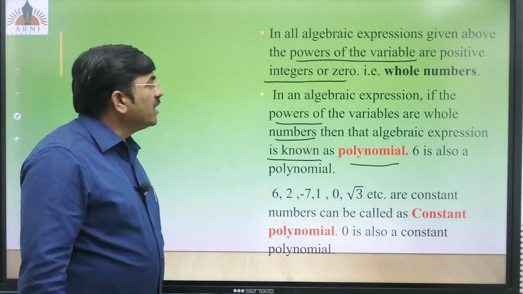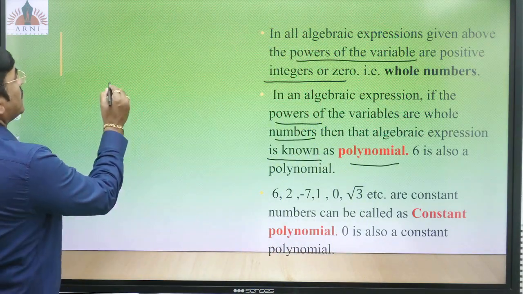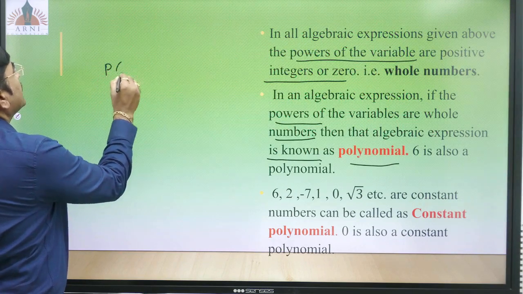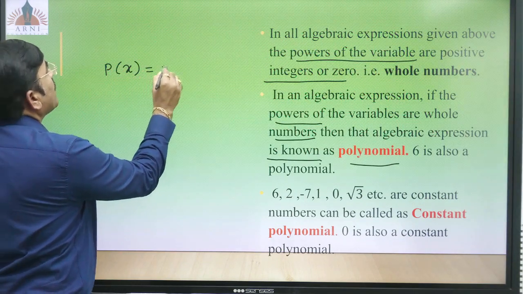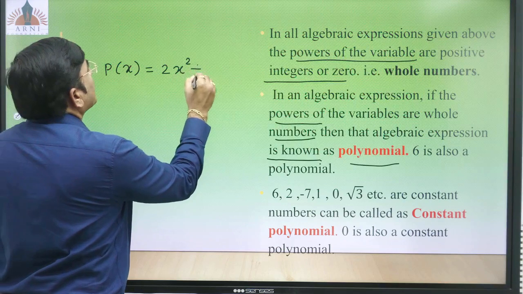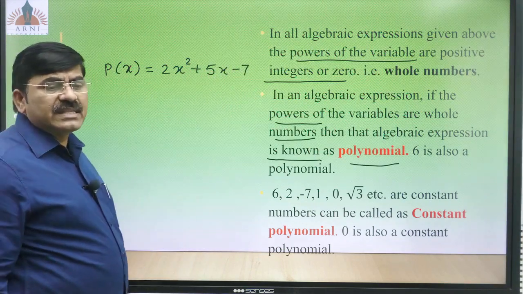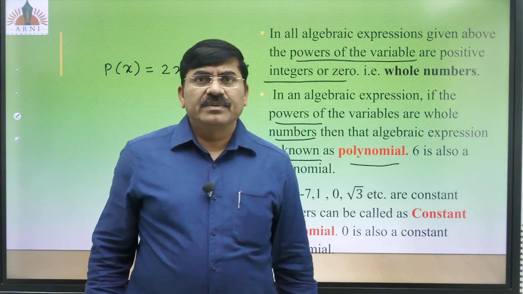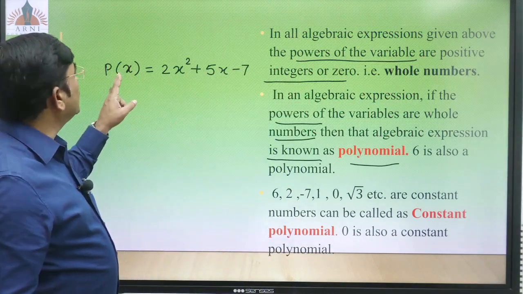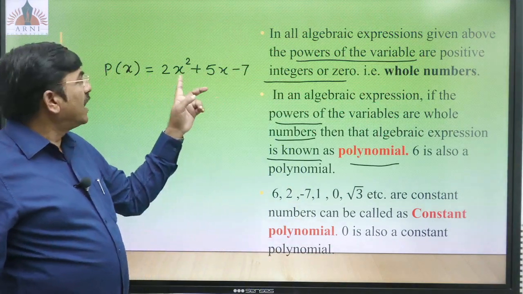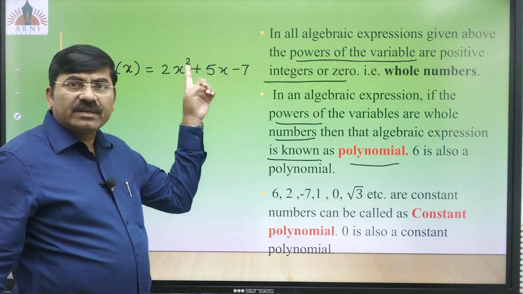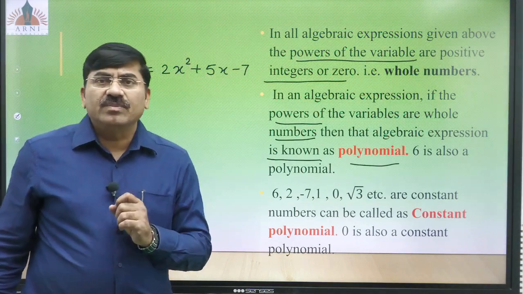The terms are written one after the other, something like this: p of x is equal to 2x square plus 5x minus 7. This is a polynomial because it is written in the form of x and the highest power is 2 here. This is called the degree of the polynomial.